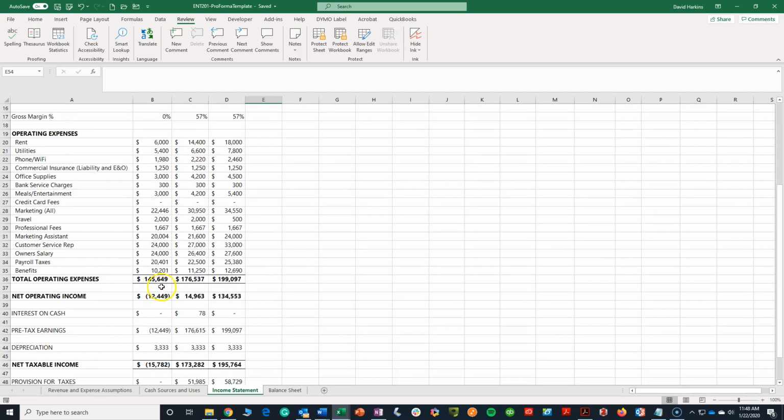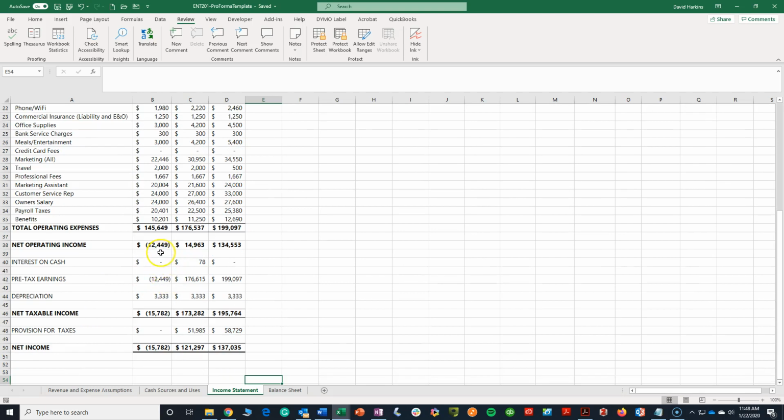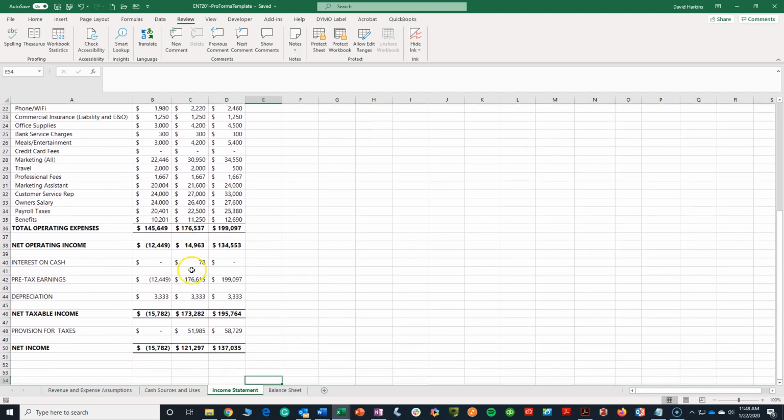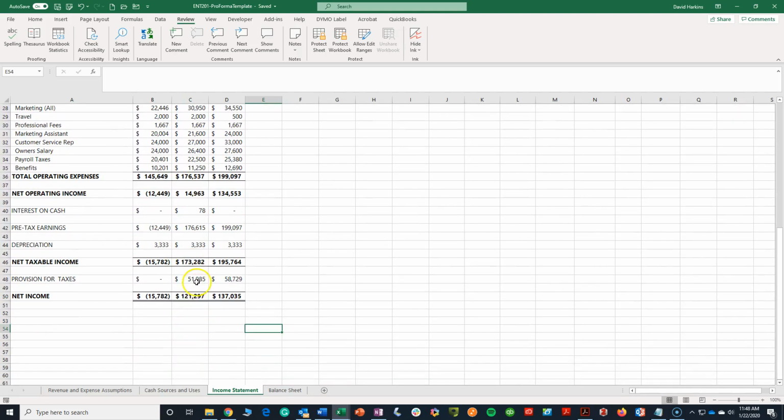We have $145,000 in expenses, which says we're going to lose $12,449, and we don't have any tax or interest on that, and our net taxable income after depreciation will be $15,000.